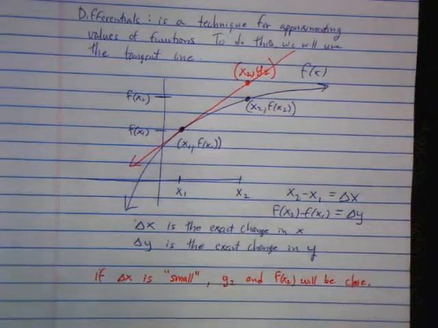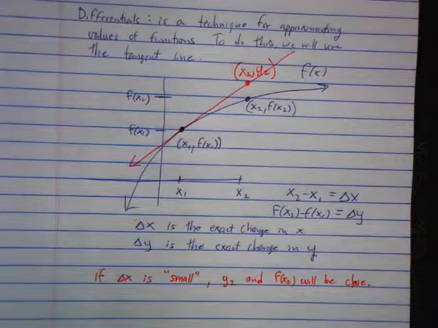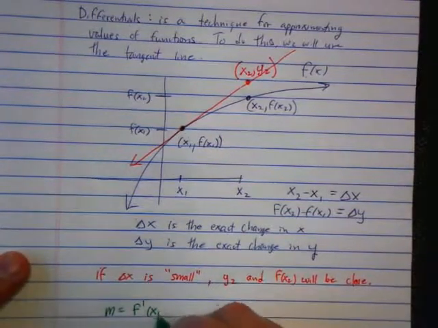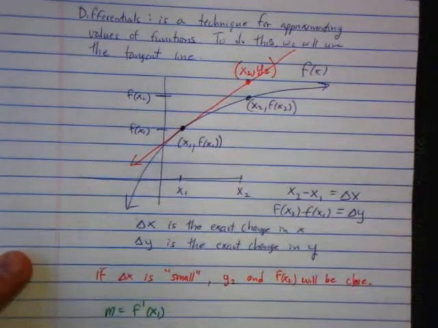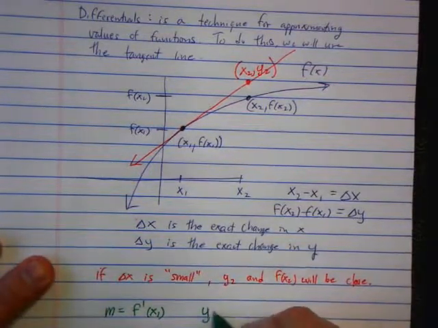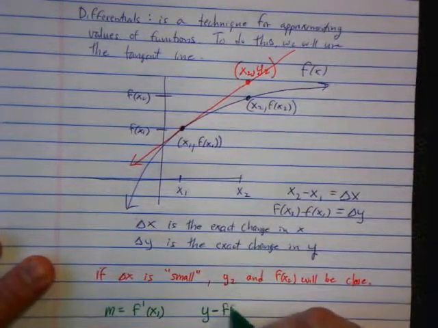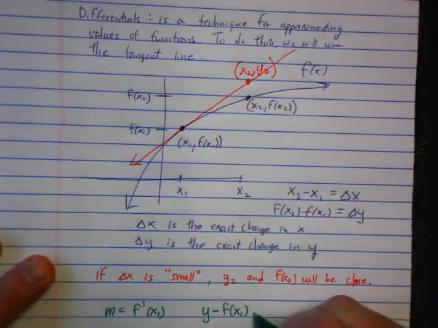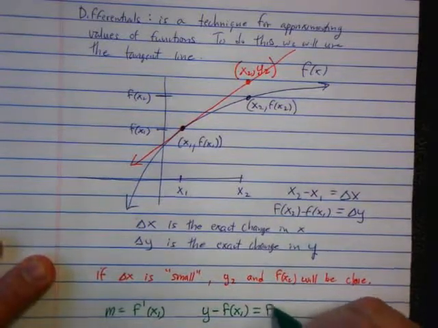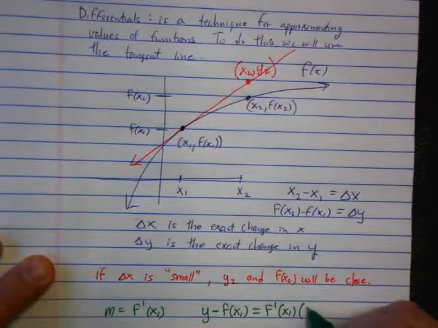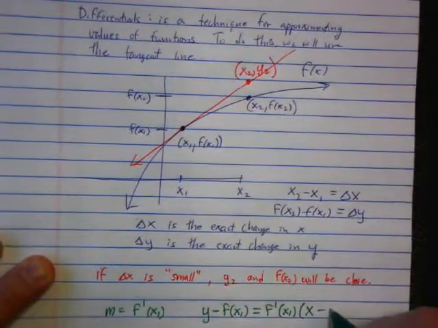So the slope is going to be f prime at x1. So our tangent line would be y minus the y value, which is f at x1, equals our slope, f prime at x1, times x minus x1.